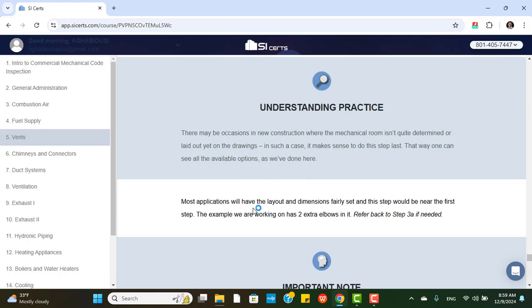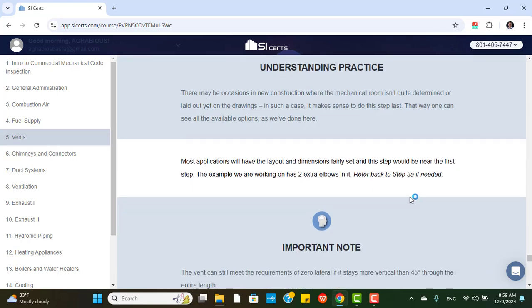Most applications will have the layout and dimension fairly set, and this step would be near the first step. The example we are working on has 2 extra elbows in it. Refer back to step 3A if needed.